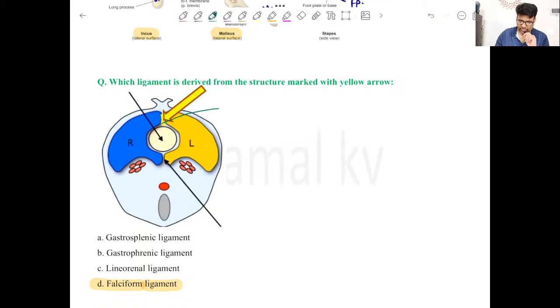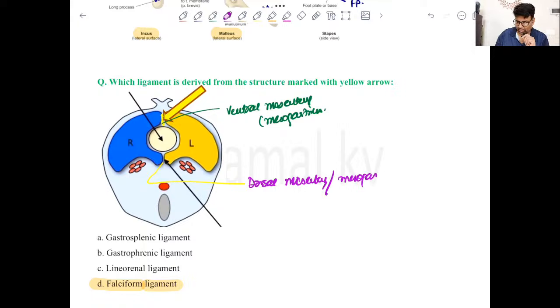This is actually the ventral mesentery, or what we call the ventral mesogastrium, and this area on the posterior aspect is the dorsal mesentery or the mesogastrium, and the area in between is the primitive gut, right?